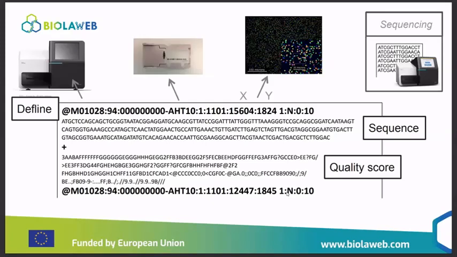The def line, just for information, contains information regarding the Illumina machine that was used, the flow cells, and you will also have the position of the cluster in the flow cell. This information is used for merging read 1 and read 2 because they were sequenced in the same cluster.